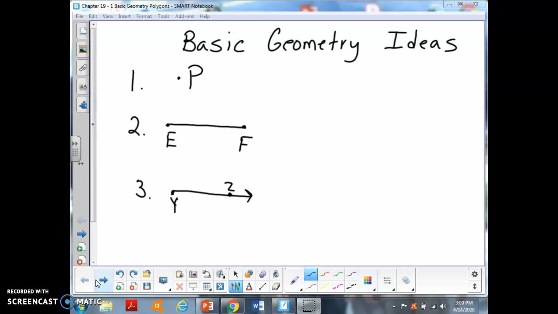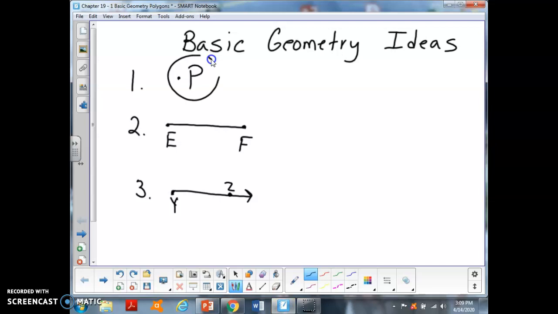First of all, number 1 is just a point. It's a point on a line. Look at number 2, the point would be E and point F. Number 3 has point Y and point Z. These are just exact locations. If you see this on your paper, how do we label that?